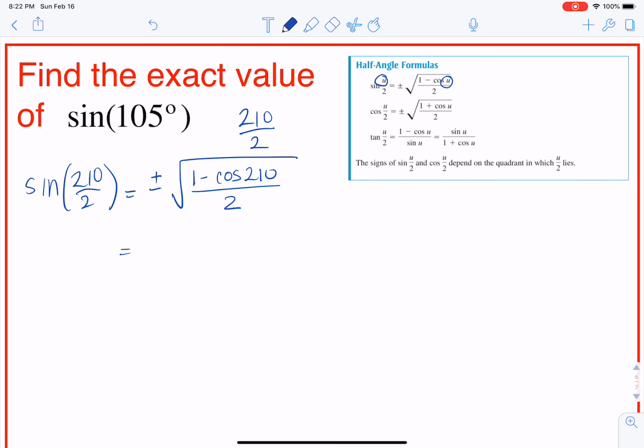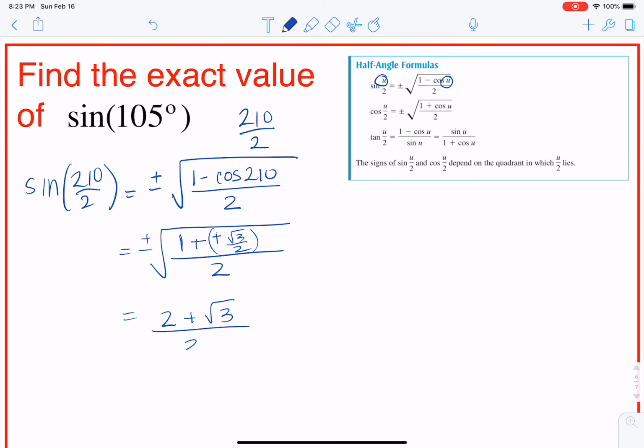So I have plus or minus 1 minus cosine of 210, which is negative square root of 3 over 2, all over 2. So we can call this our plus, and doing out some of this algebra, this will give me 2 plus the square root of 3 all over 2.